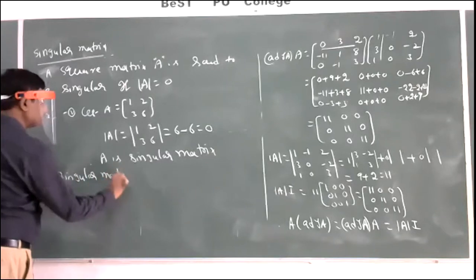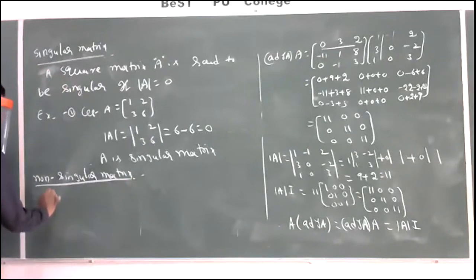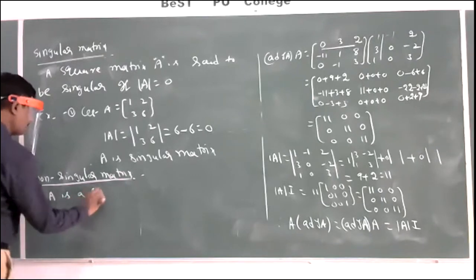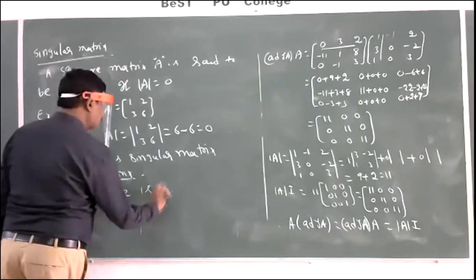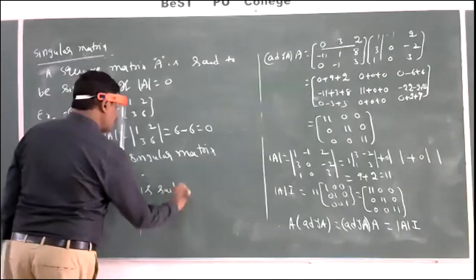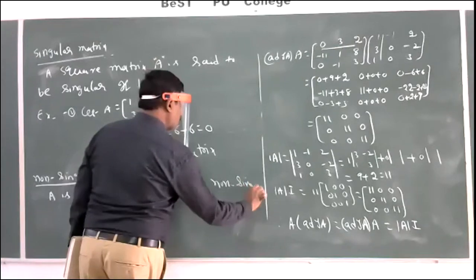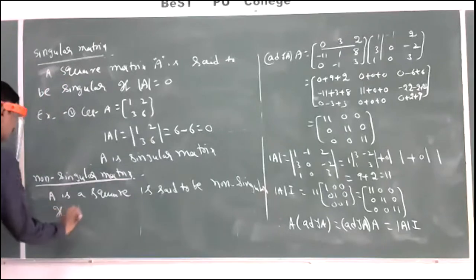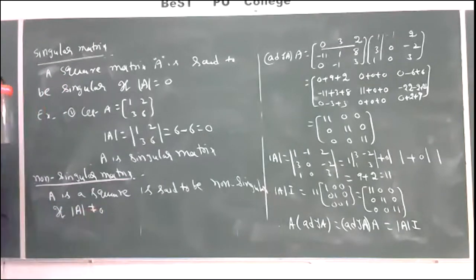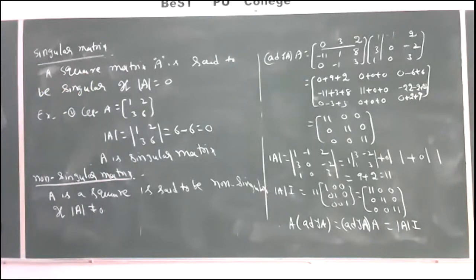Next, non-singular matrix. A square matrix A is said to be non-singular if det A is not equal to 0.